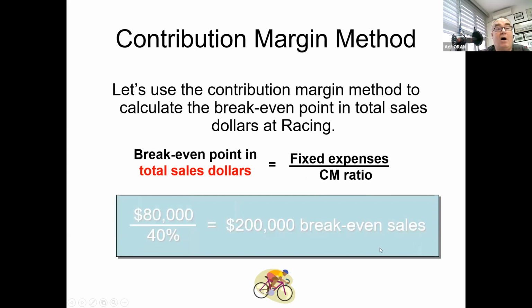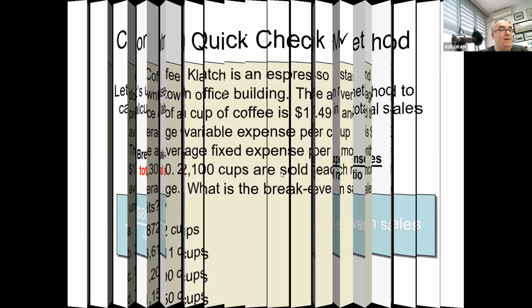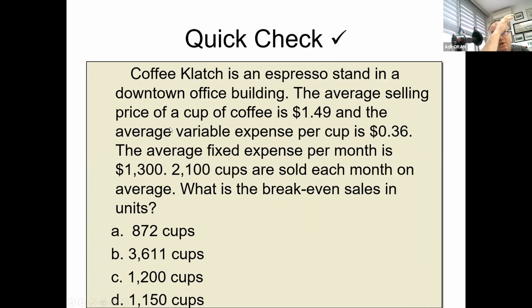Let's do this for the coffee company. So we had the same coffee company. What is the break-even point? And again, if you want to calculate it in cups or in dollars, you can do it. But they want it in units. What is the break-even sales in units? Units here being cups. So what is your fixed expense? 1,300.